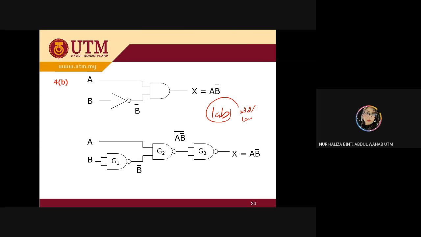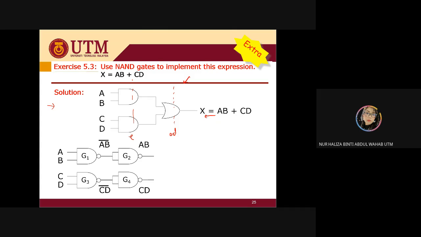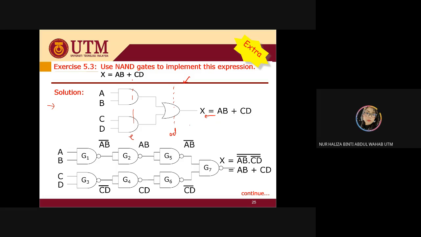As long as you have this kind of circuit, you need to change all. Let's say you have odd, you want to change only odd, so this odd you need to change, this odd you need to change. If you have another odd, you need to change all odd.